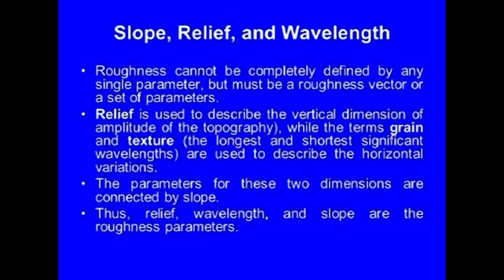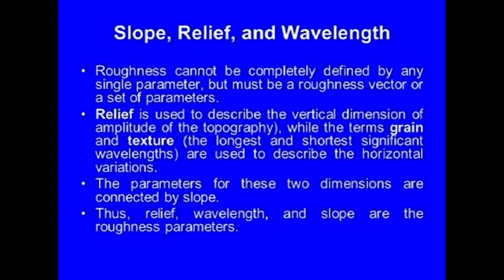The next numeric descriptor is slope, relief and wavelength. Roughness cannot be completely defined by any single parameter, but must be a roughness vector or a set of parameters.